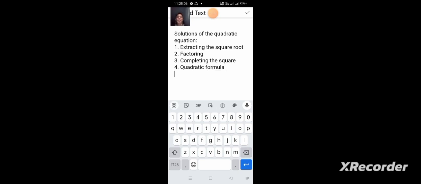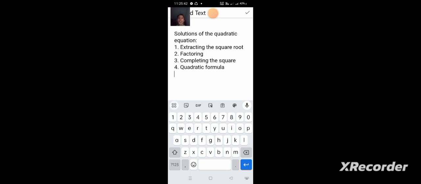Before we proceed to our main topic for today, which is extracting the square root of the quadratic equation, we are going to review first how to get the square of a number, because extracting the square root of the quadratic equation is simply the opposite of getting the square of a number.